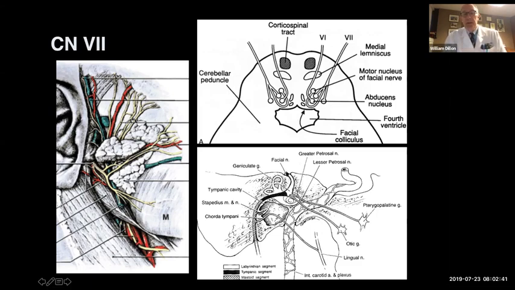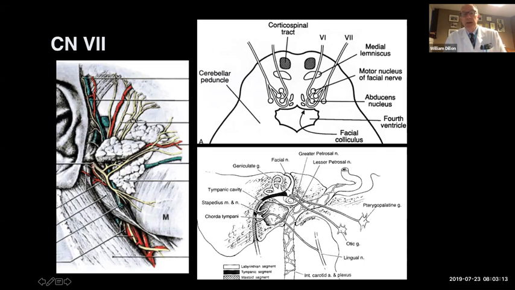where it then comes into the temporal bone and courses laterally just beneath the lateral semicircular canal towards its stylomastoid foramen. On the way, it gives off or collects some branches: the chorda tympani, which is a branch of the fifth cranial nerve, courses along this structure, and also the greater and lesser petrosal nerves course towards the pterygopalatine and otic ganglion in the nasopharynx area.